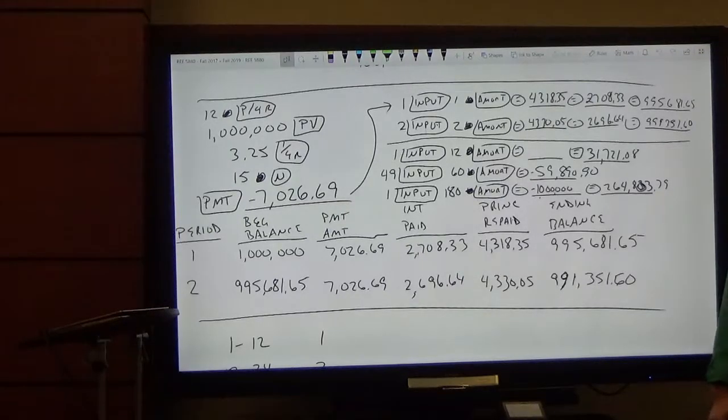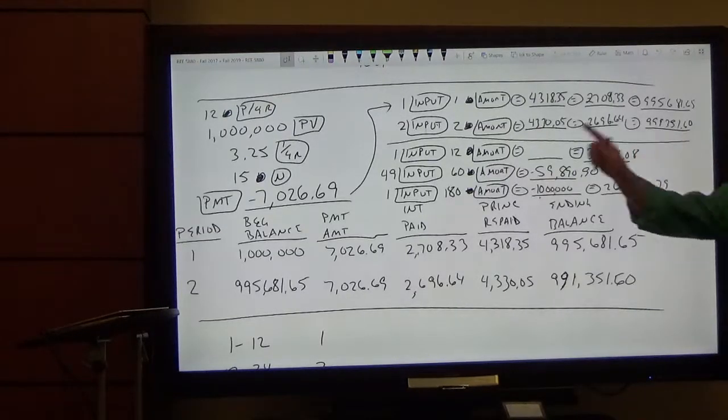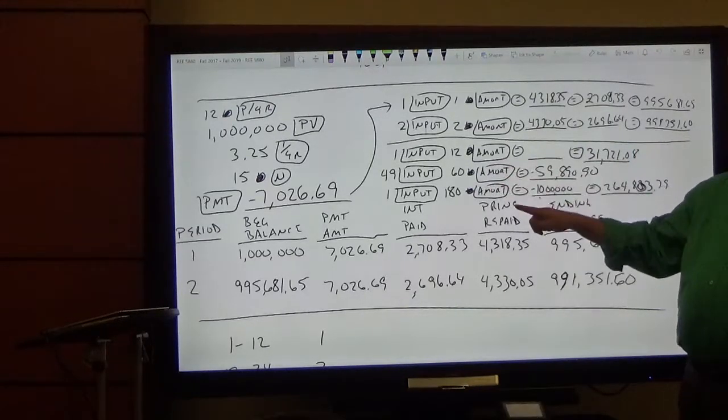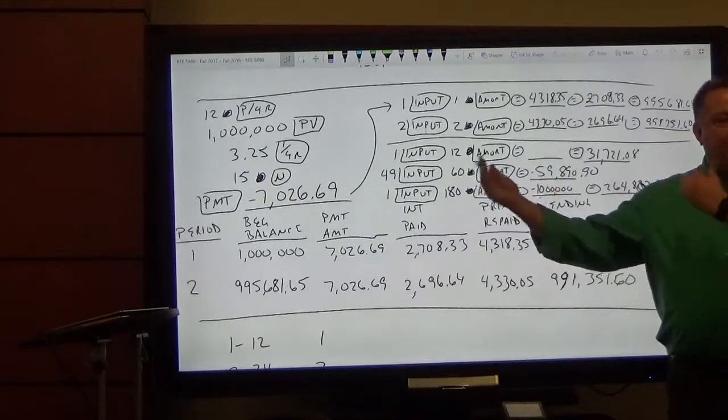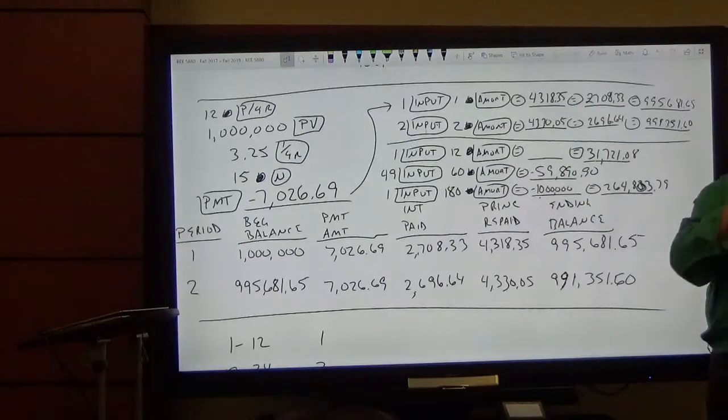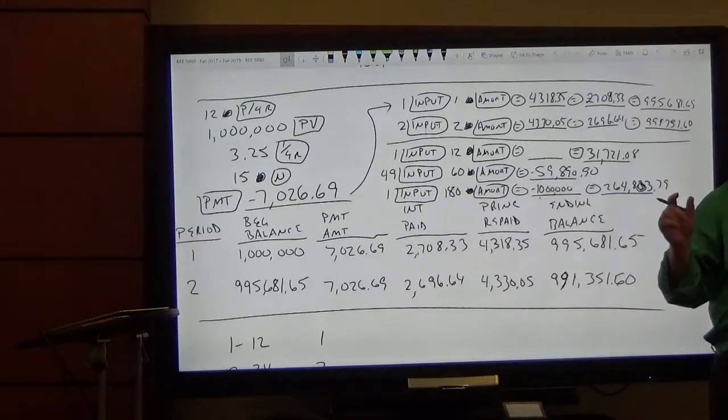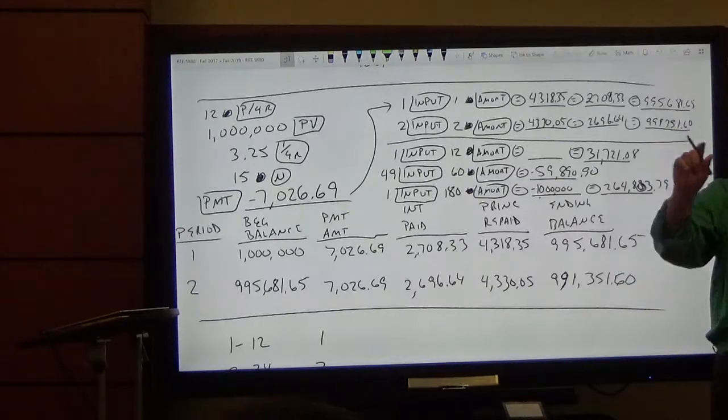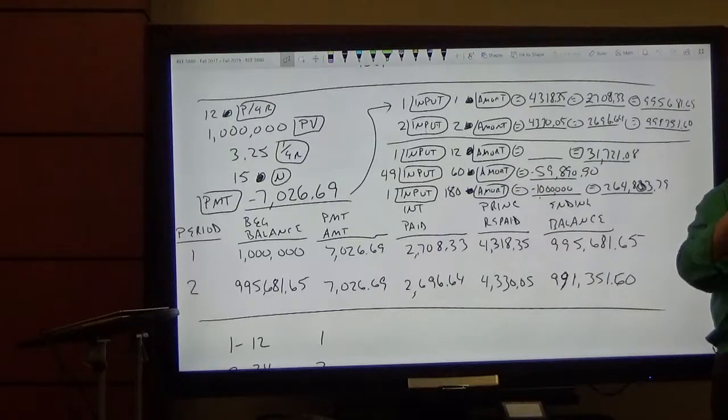Okay, so if we input 179, it would extract the information only for month number 179, the principal amount paid and the interest paid just during that month, and then the balance at the end of month 179.